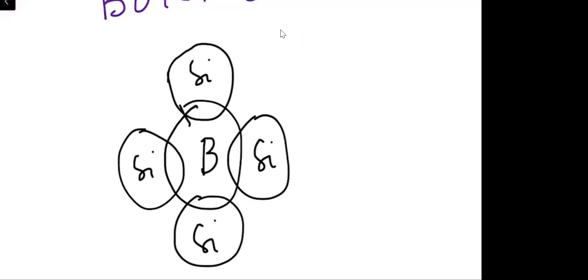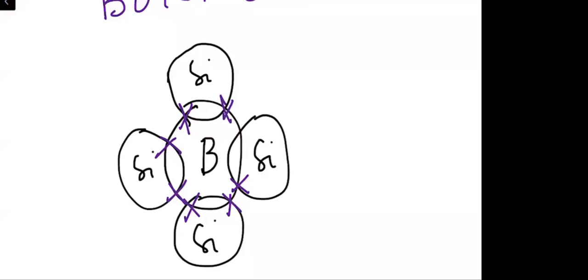One covalent bond is formed here, another covalent bond, another covalent bond, and in the case of boron we have three valence electrons, so the fourth covalent bond cannot be made.